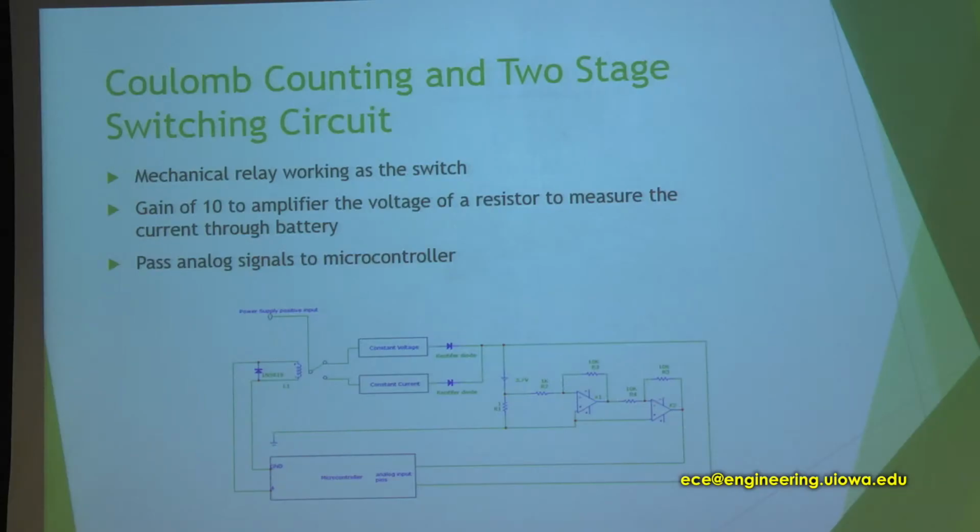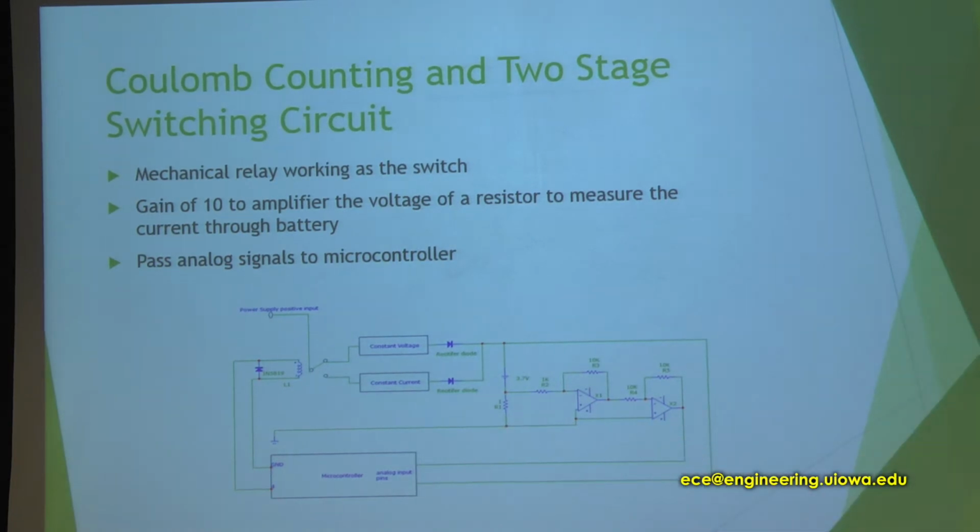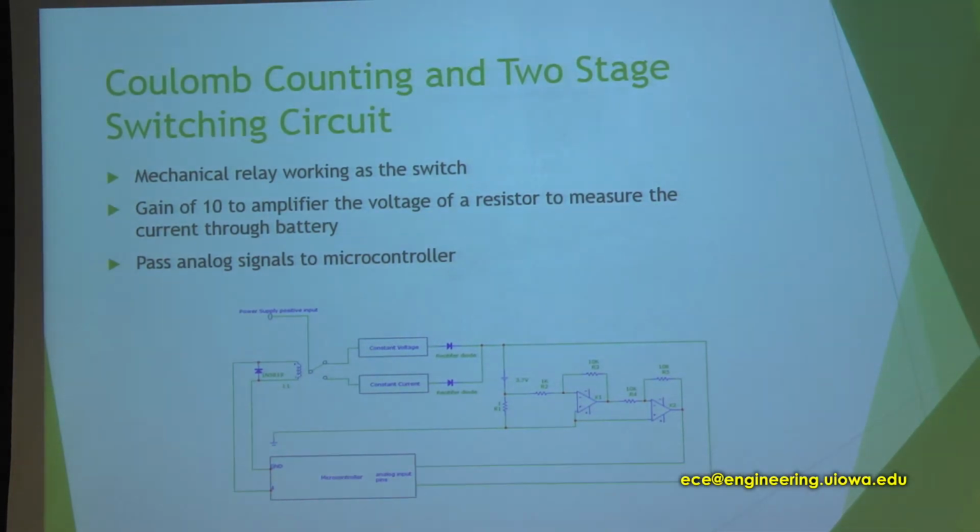The point between constant voltage and constant current in Li-ion charging is really hard to define. So what we do for this part is I built a coulomb counter over here. It has an amplifier of 10 to get the voltage across a small resistor so that I can calculate the current through the battery.